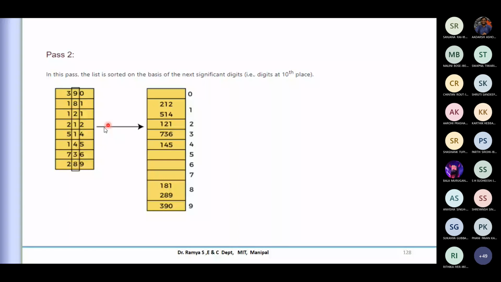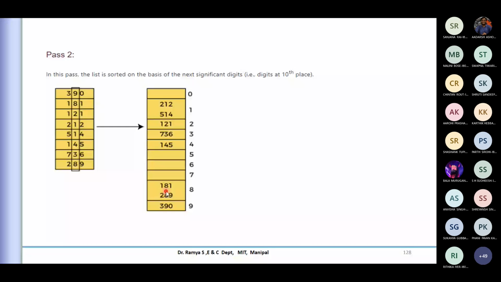Now, if you observe, everything is ordered according to the second digit. You can say that the ordering on the first digit has been rearranged, based on the occurrence of the information. So you can compare 121 and 181 here.